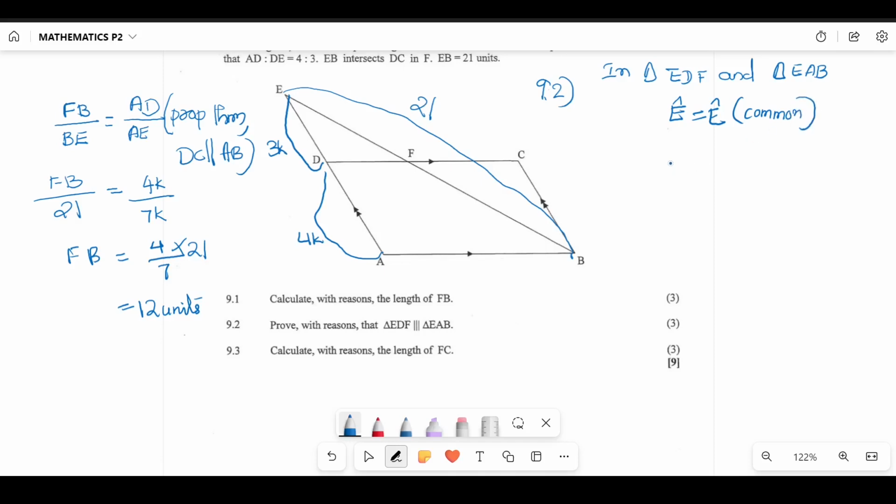Then angle D is equal to angle A, because they are corresponding angles, because DC is parallel to AB. So F is also equal to B, sum of angles in a triangle.